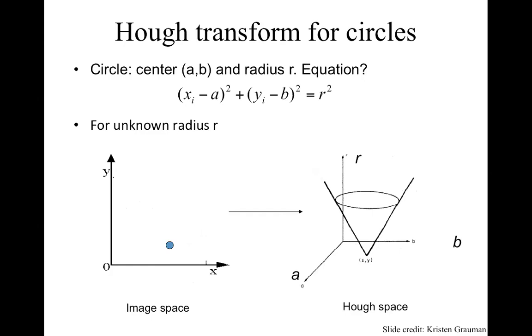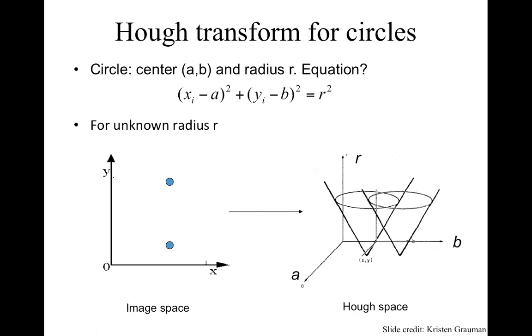Now, if you have 2 edge points, of course you'll obtain 2 cones. Of course, there is an infinite number of circles in the image space that will pass through these two points. Just take the segment and take the perpendicular on the segment of these two points, and on this perpendicular, each point can be the center of a circle that passes through these 2 points.